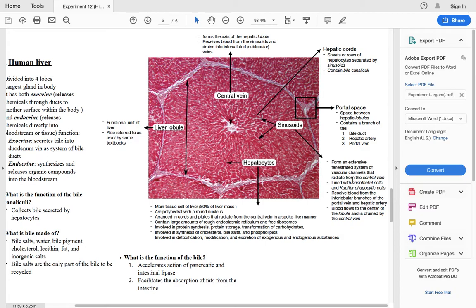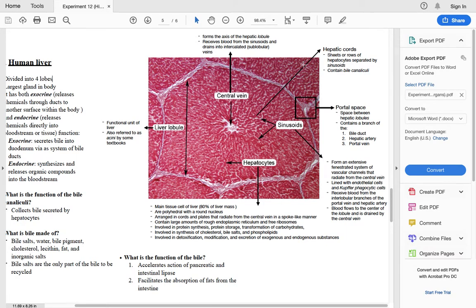We have to know that they're lined with endothelial cells and Kupffer phagocytic cells, and they receive blood from interlobular branches of the portal vein and the hepatic artery. The blood flows to the center of the lobule and is drained by the central vein. So this central vein collects blood from the sinusoids.